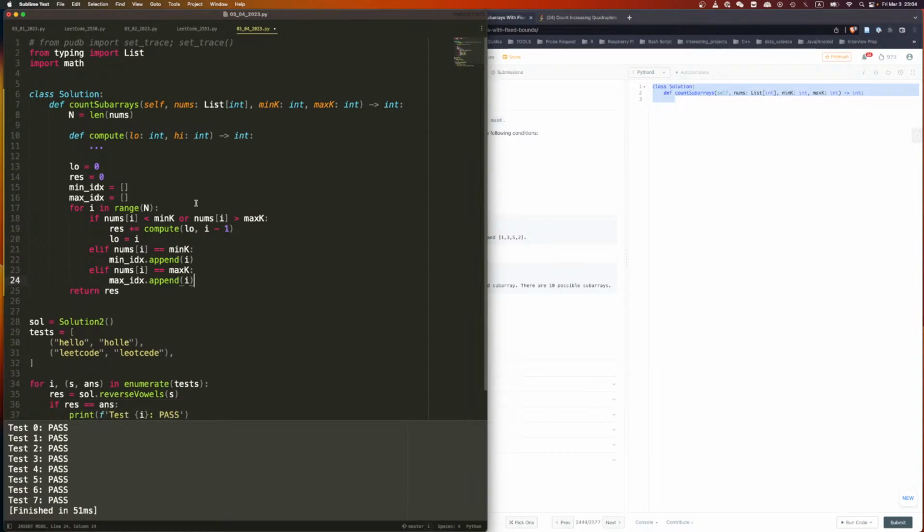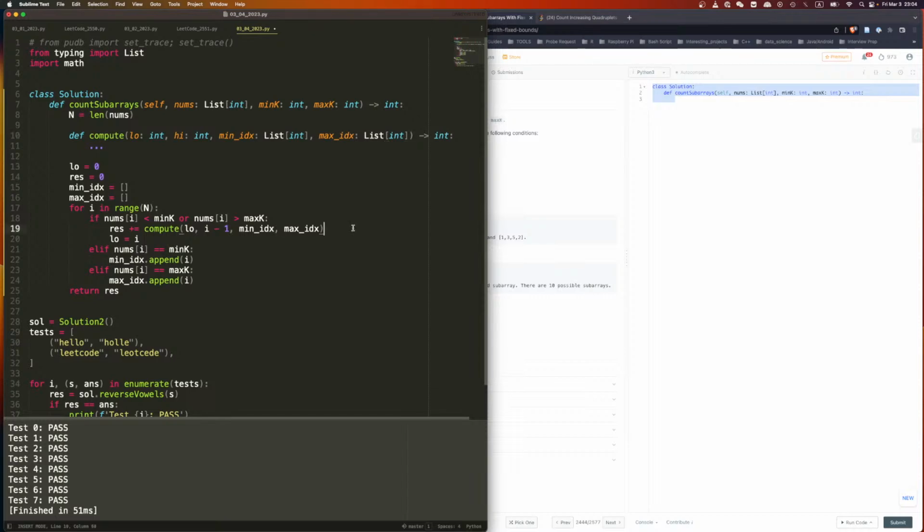Then what we would do is pass min index and max index into it. So we have min index, it's going to be a list of integers, max index list, right? And now we'll do this.